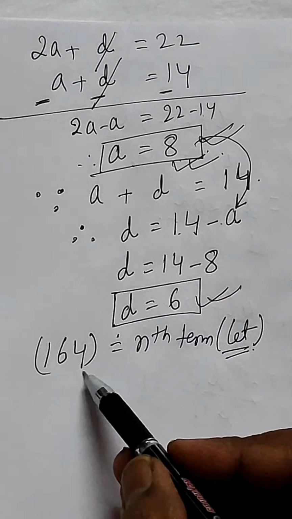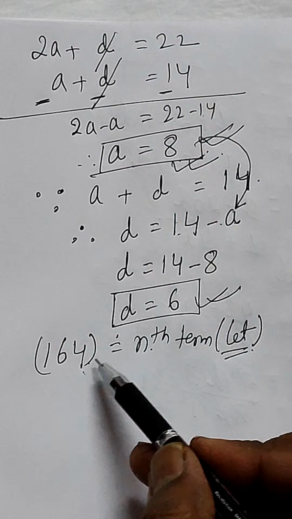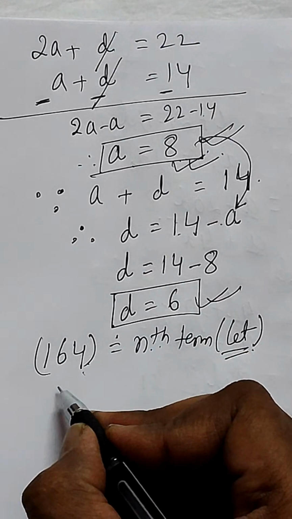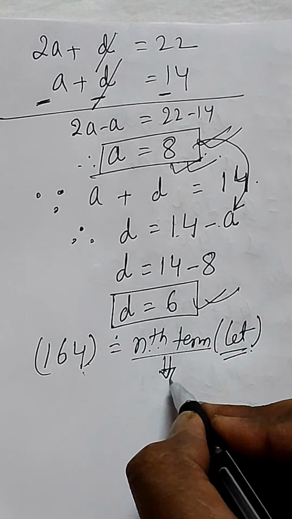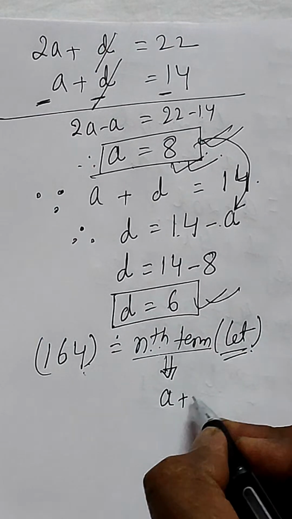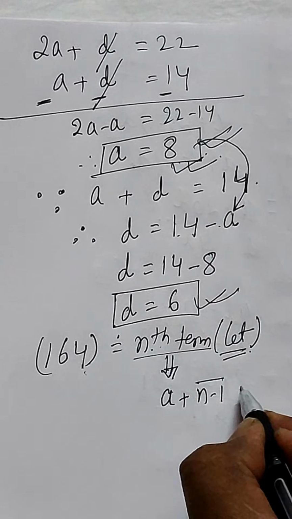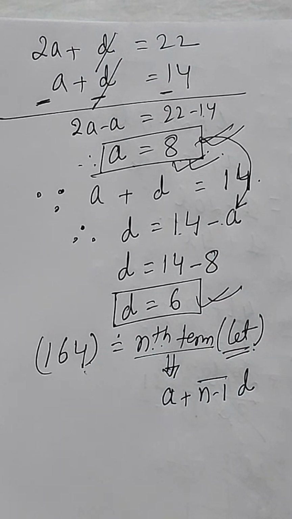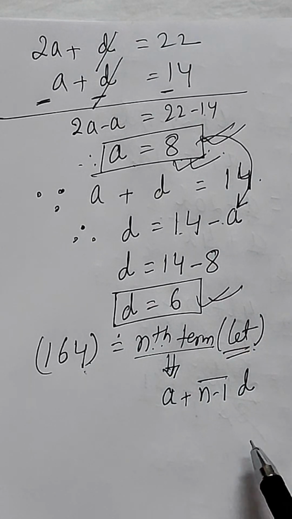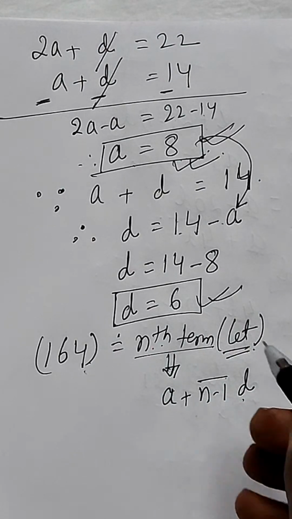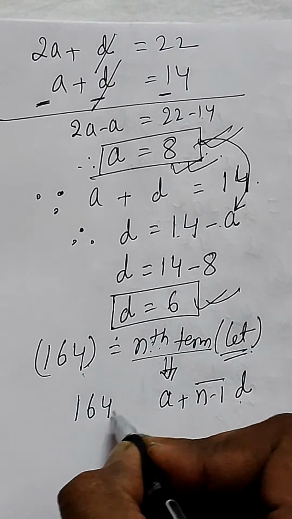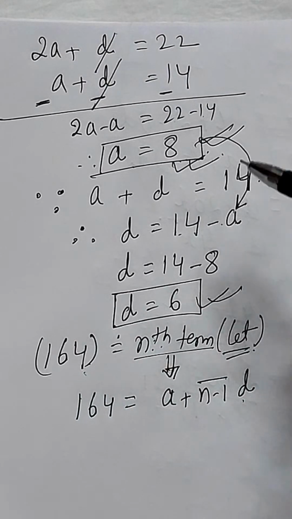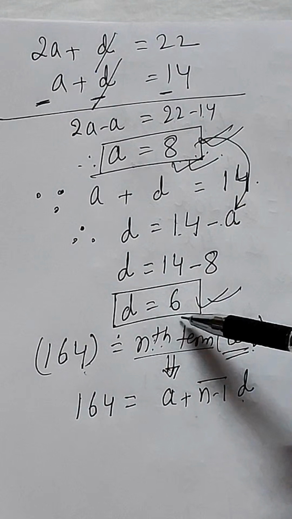If this is the nth term, then by the formula of nth term of AP, we know that the nth term of AP is a plus n minus 1 into d, isn't it? And this is equal to 164. So just equate it. And we have already derived the value of a and d.